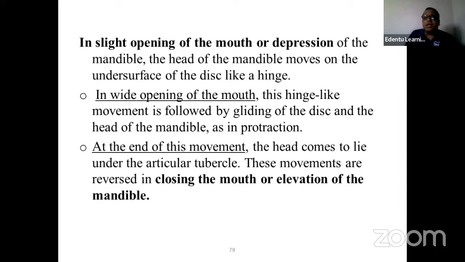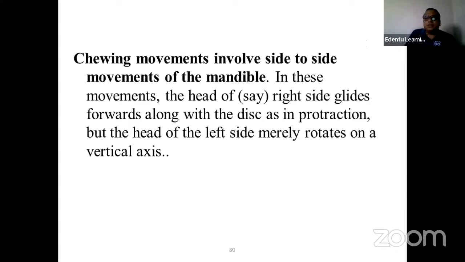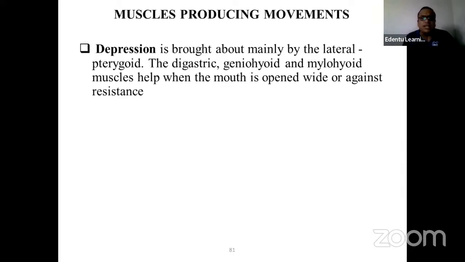Backward movement is called retraction. And for chewing movement, side to side movements, we have protraction forward along with the disc, and the head of the other side rotates on the vertical axis. Right. So these are the few things which you have to read again and again.